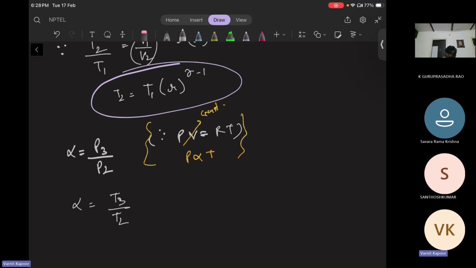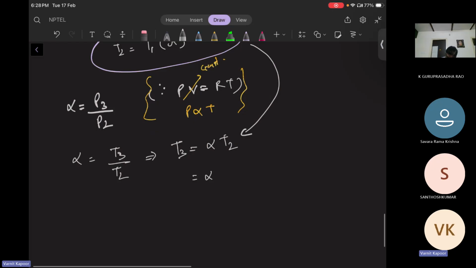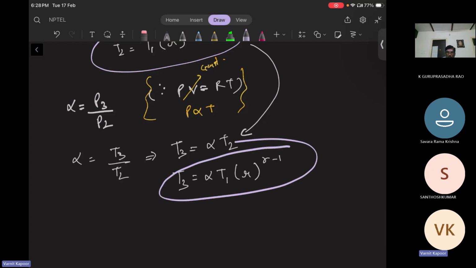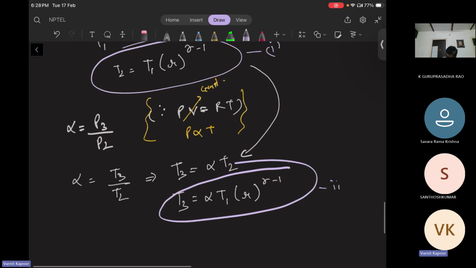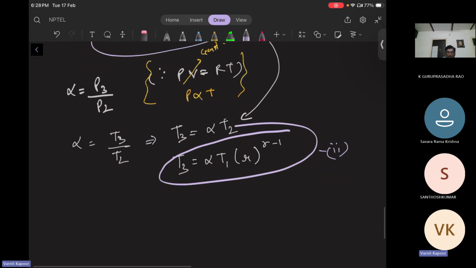This implies T3 will be alpha times T2. And what is T2? We put it here: alpha times T1 into R to the power of gamma minus 1. So this is your T3 finally. Let us say this is 1, this is 2. Now we have converted T2 in terms of T1, and T3 in terms of T1.